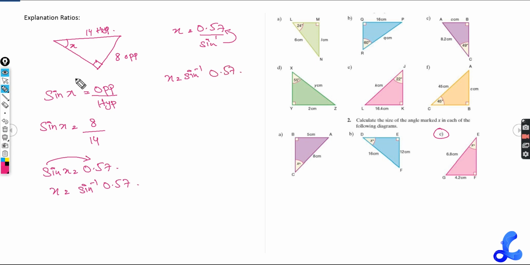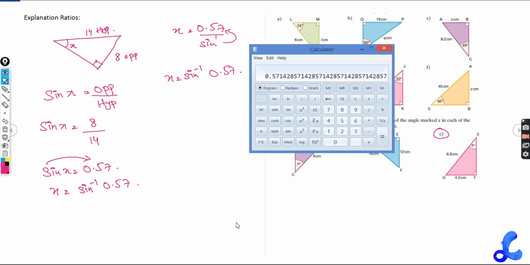0.57. And why am I saying inverse again and again? Because in the calculator you actually have something as inverse. So let's take that into consideration as well. This INV, in a lot of calculators would be written as second, or 2ND, or INV. Anything of that sort is basically the same thing.